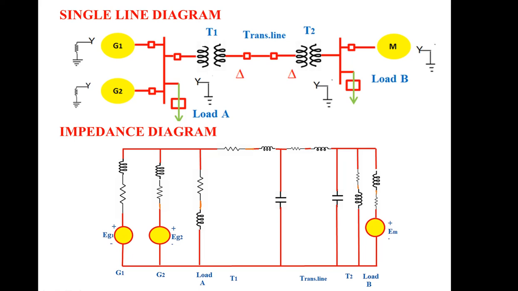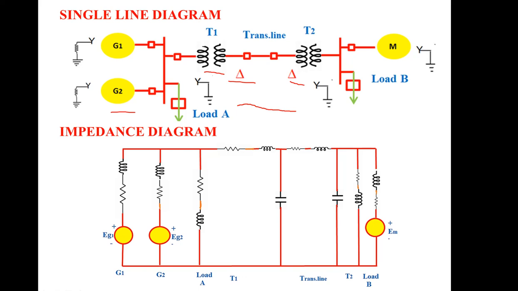Okay, so here in the single line diagram representation, components of the power systems are represented by standard symbols. So these are all the standard symbols: delta, star connection, generator, load. Transmission lines are represented by a straight line in power systems.